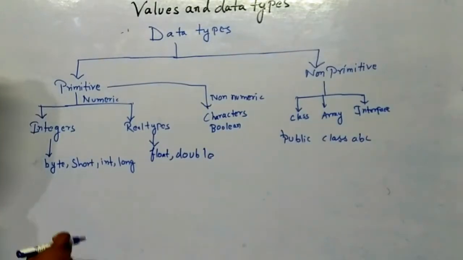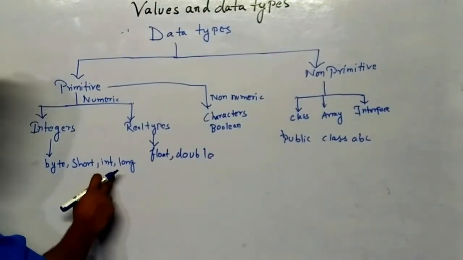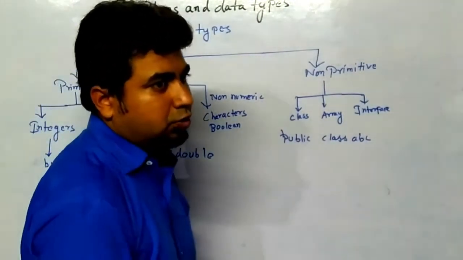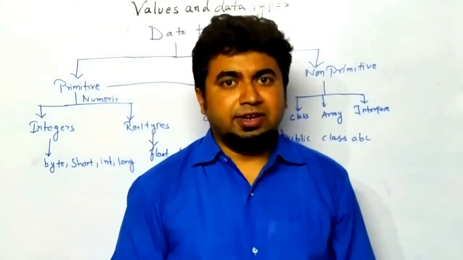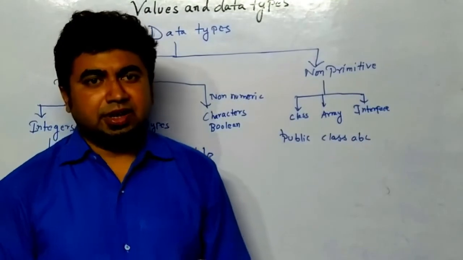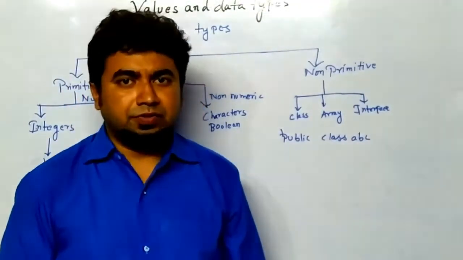So you can think why I have written byte, short, int and long. You can think of these as containers. If you want to put 1 liter of oil, then you will need a vessel of size 1 liter. If you have 2 liters of oil, then you will need a 2 liter vessel.